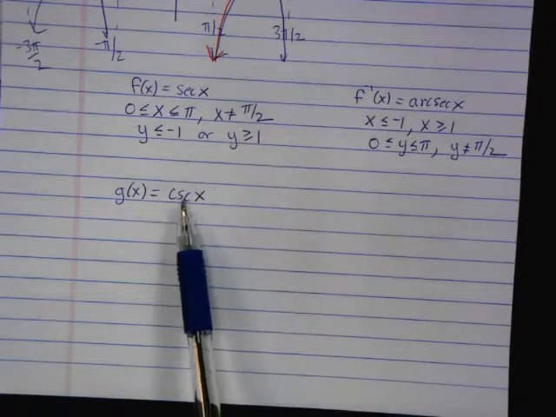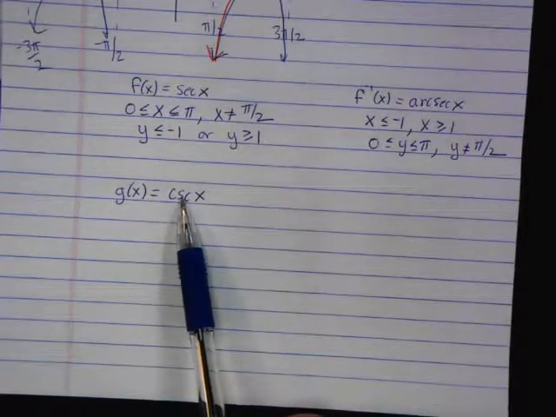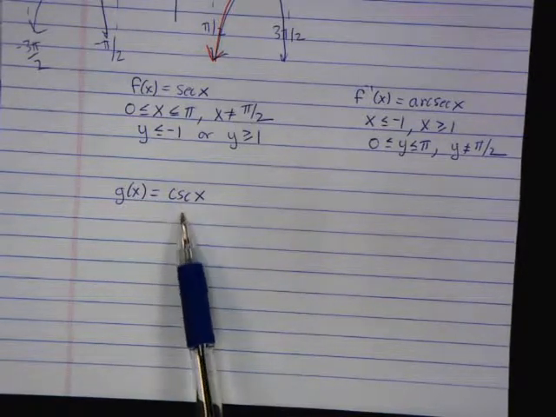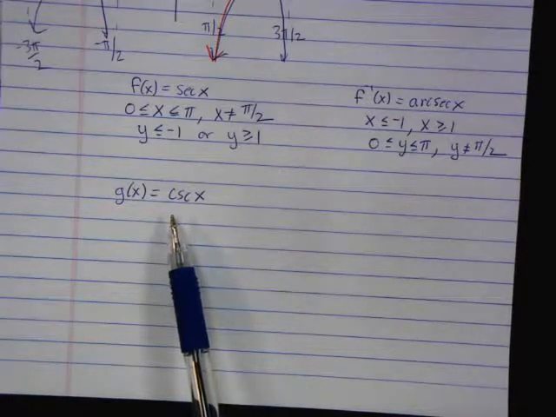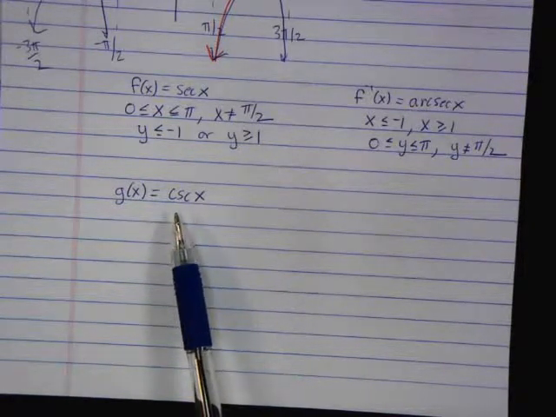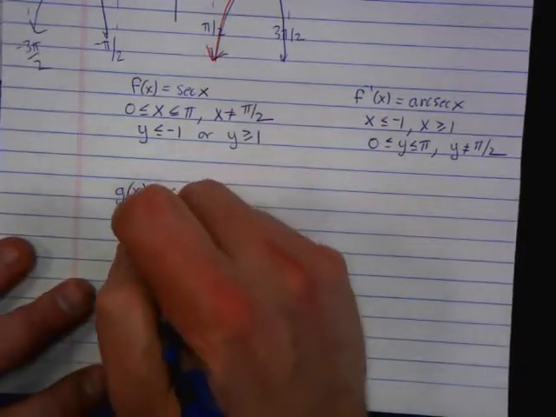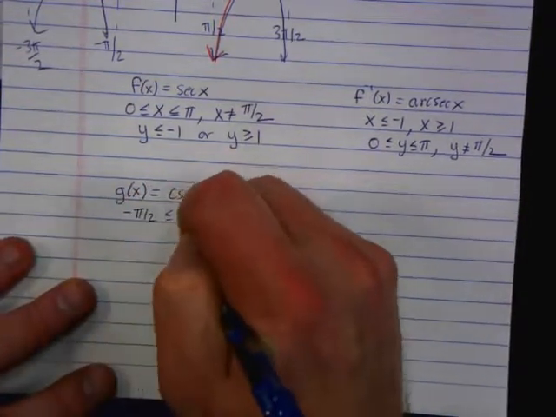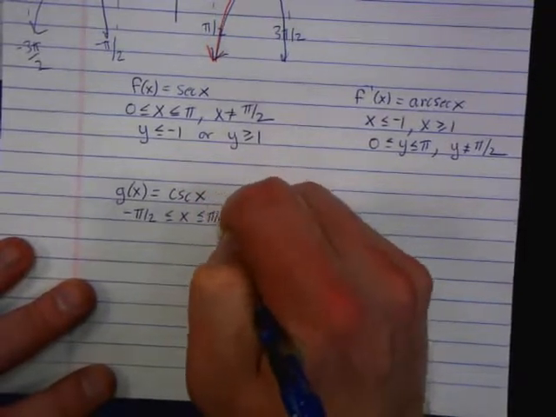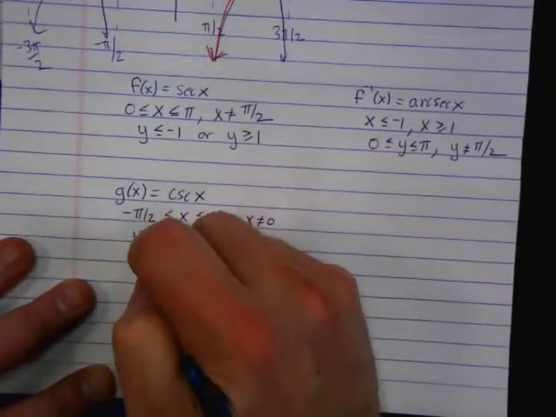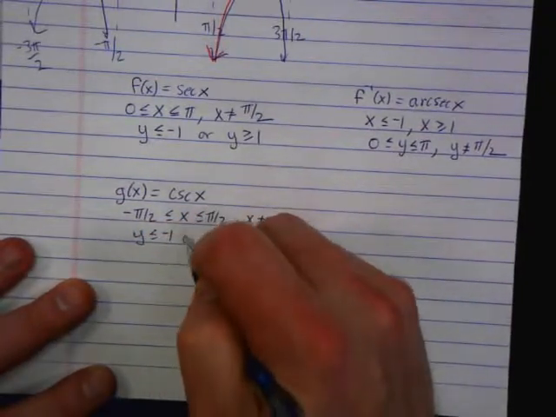So it would make sense that cosecant should have the exact same domain as sine, except I need to throw out 1 point. Which point do I need to throw out? 0, because sine of 0 is 0, and then cosecant would have 0 on bottom. So my domain is going to be negative pi over 2, less than or equal to x, less than or equal to pi over 2, but x cannot be the number 0, and my range will be exactly the same.